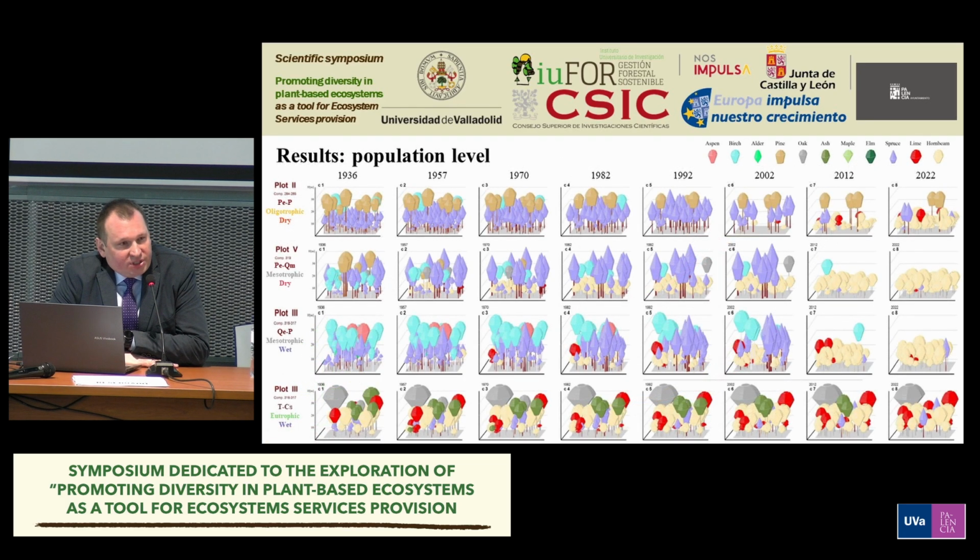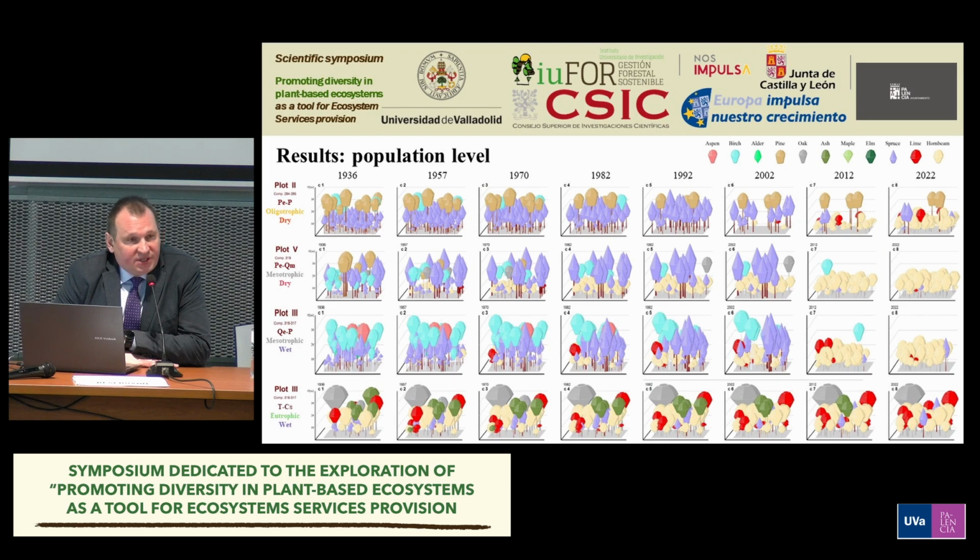Now the results, first at the species level. I just want to trace the results first by graphs. You have transects by soil richness from oligotrophic to eutrophic from top to bottom, and I selected dry and wet sites.